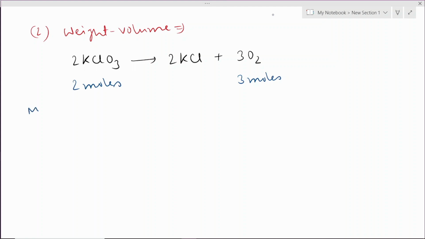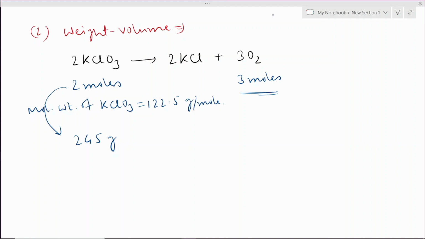The molecular weight of potassium chlorate is 122.5 gram per mole. So 2 moles corresponds to 245 gram potassium chlorate, and 3 moles of oxygen gas is released.